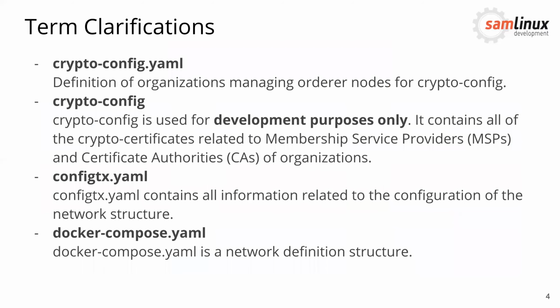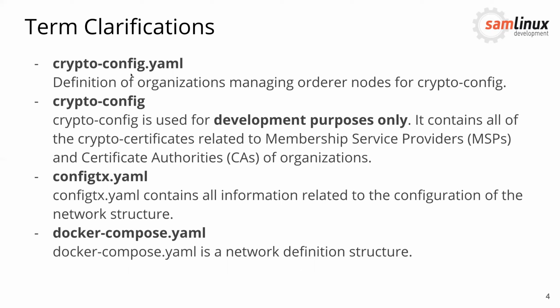For the beginning, we have to know what the terms are for. So this crypto-config YAML file is a definition of the organization managing orderer nodes for the crypto-config folder. We will look later in detail at this, but this file is needed to define the organization.